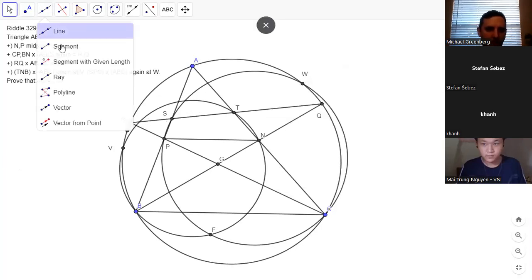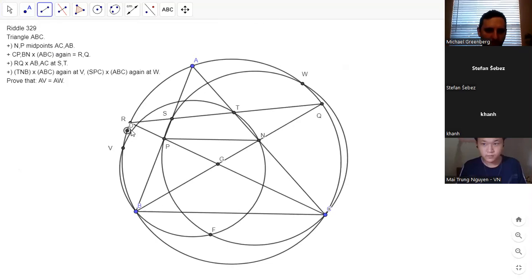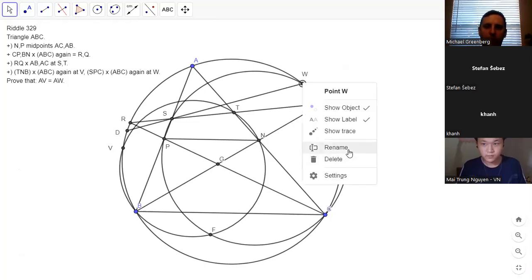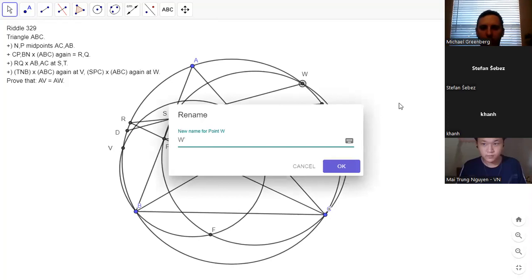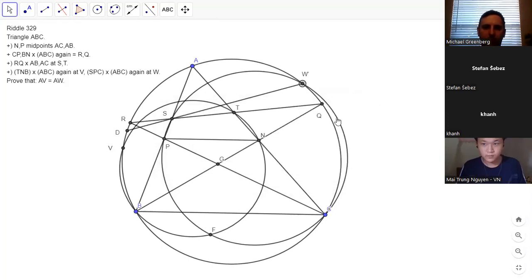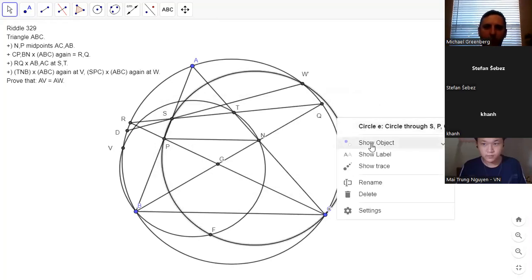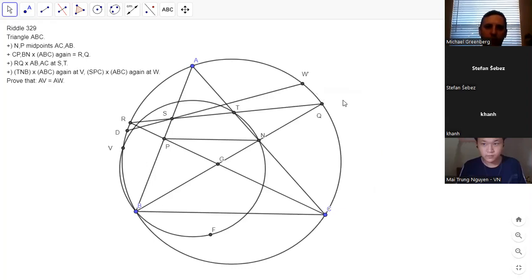Could you repeat again why this is equivalent? So actually, I kind of worked backwards. I said let W prime be the point so that AV is equal to AW prime. And then I want to show that this is cyclic, W prime SPC.